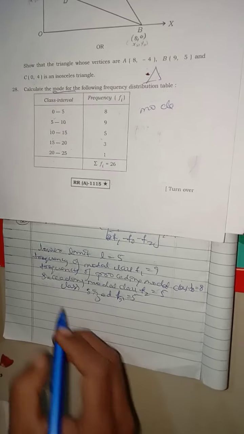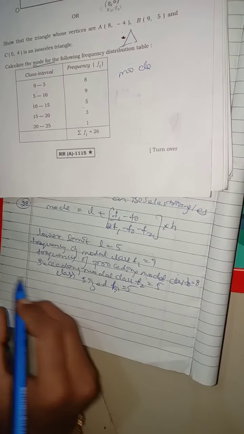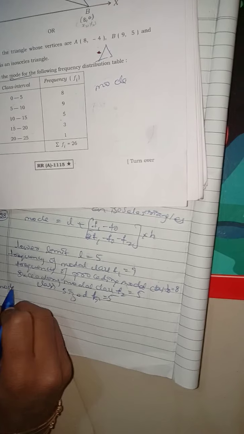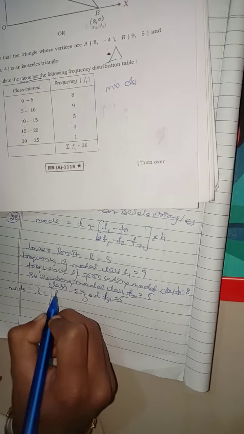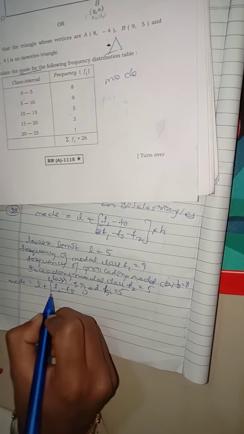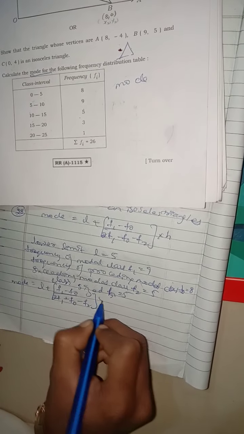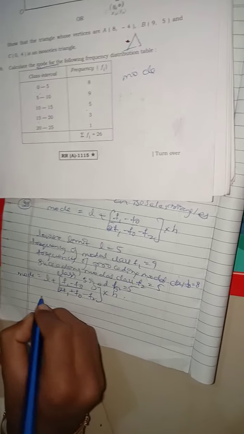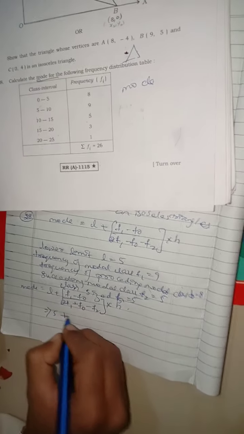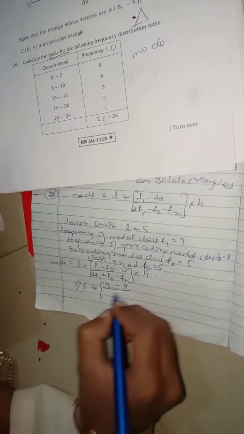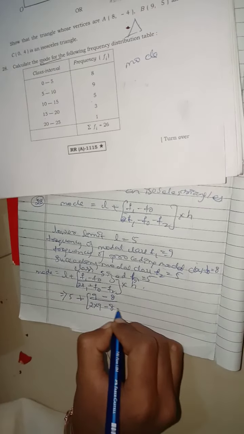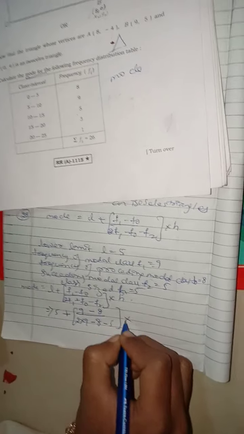Then we have to substitute in the formula. Mode is equal to L plus (F1 minus F0) divided by (2 times F1 minus F0 minus F2) into H. Substituting the values: 5 plus (9 minus 8) divided by (2 into 9 minus 8 minus 5) into 5.